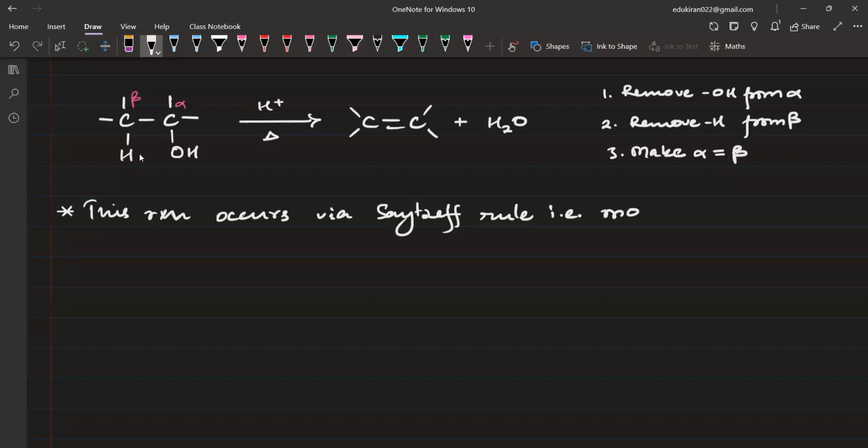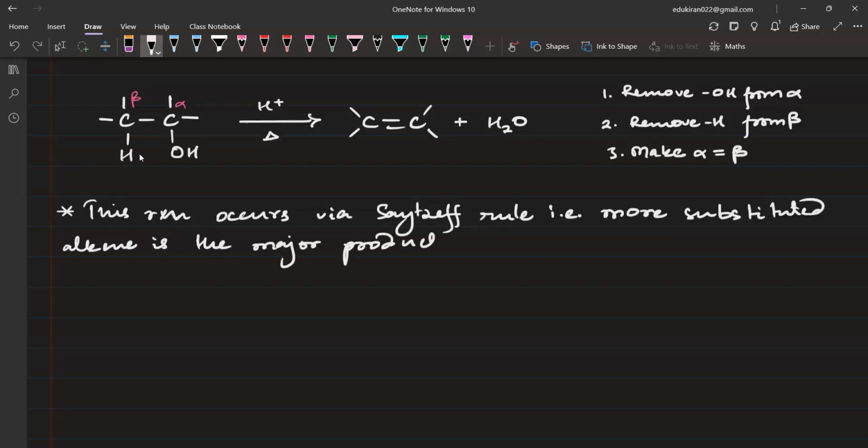That is, more substituted alkene is the major product. ठीक है? But now again, this Saytzeff rule I'm just writing because if they ask, the dehydration of alcohol occurs via dash. So you have to say that it occurs via Saytzeff rule. है ना? अच्छा, this is also known as AKA beta elimination.